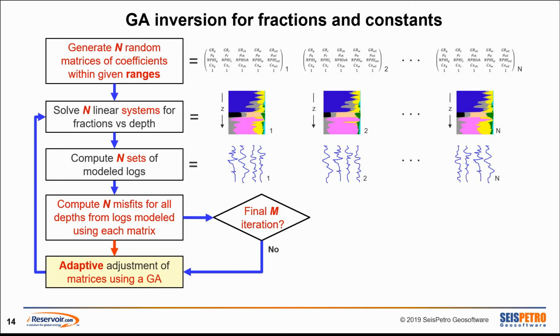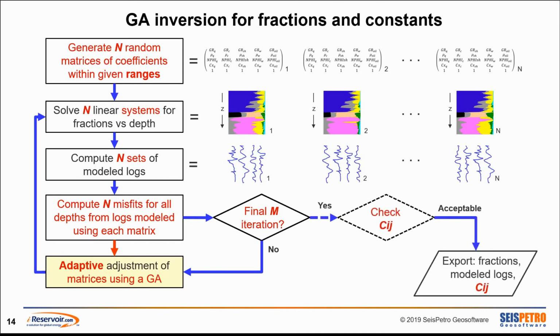When the final iteration has been reached, the next step is that the petrophysicist checks whether these constants are acceptable or not, if they agree with some preconceived notion or if they agree with some independent data. If they are acceptable, the next step is to export the fractions, the model logs, and the coefficients that have been estimated.